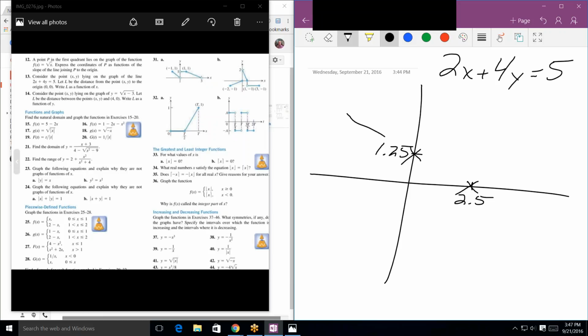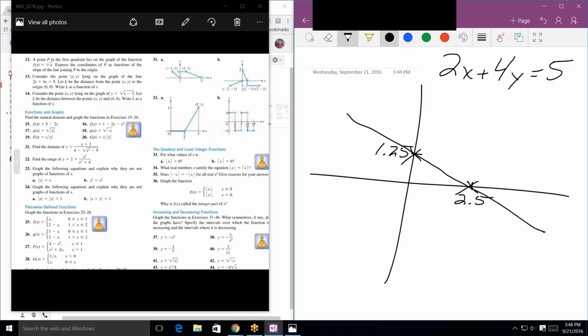So there's the line, and notice that I graphed it without knowing slope, which is amazing because usually you have to know slope to do any kind of problem like this. But this is the one time where you can actually graph it quite simply without knowing slope. Okay, so we have a good graph of it.